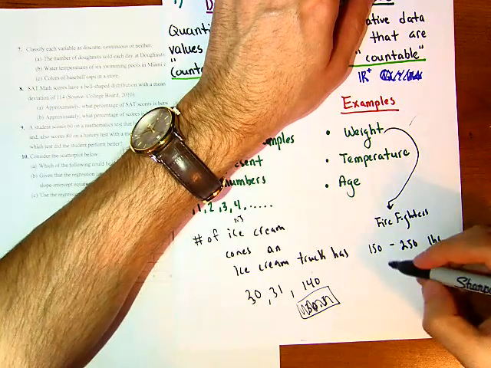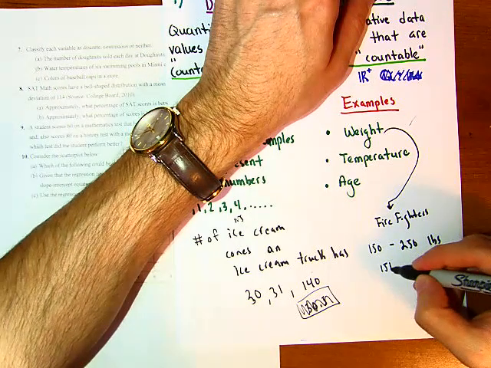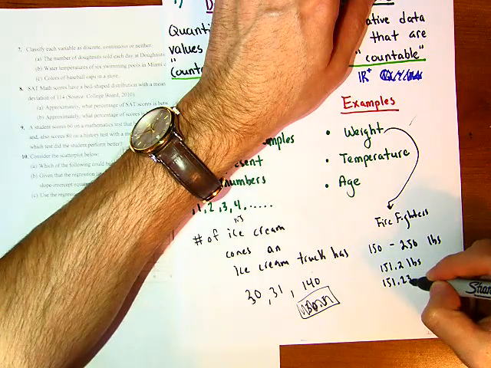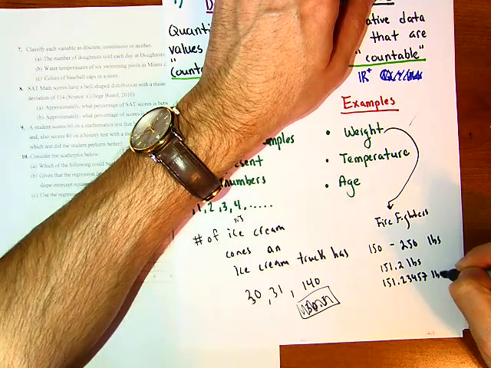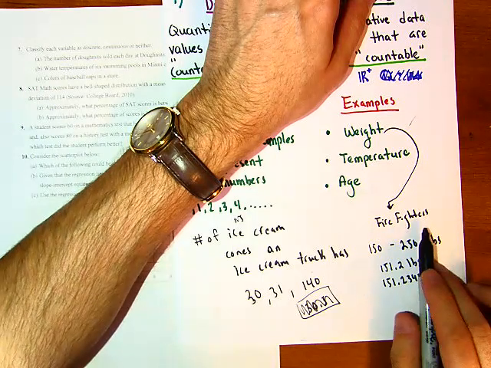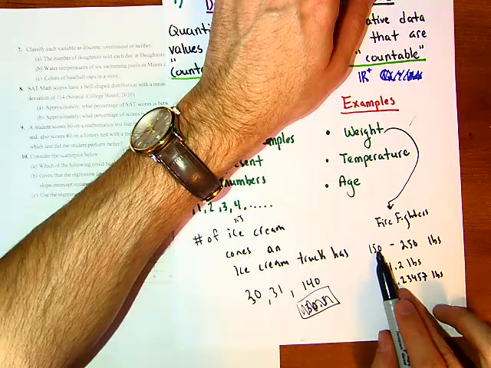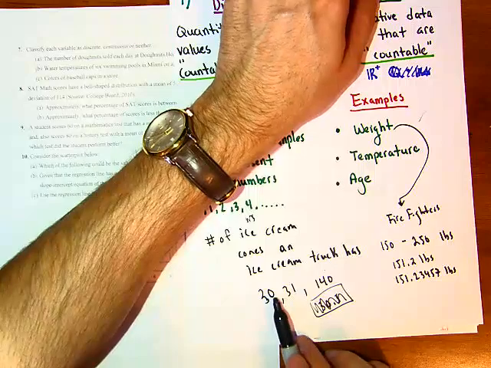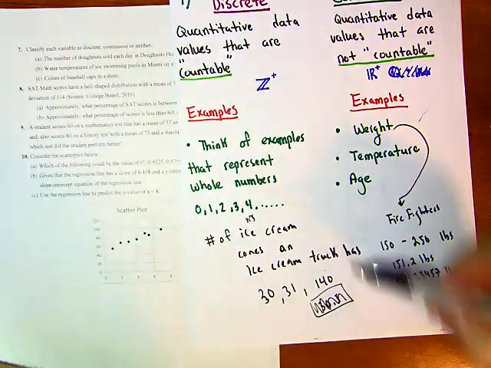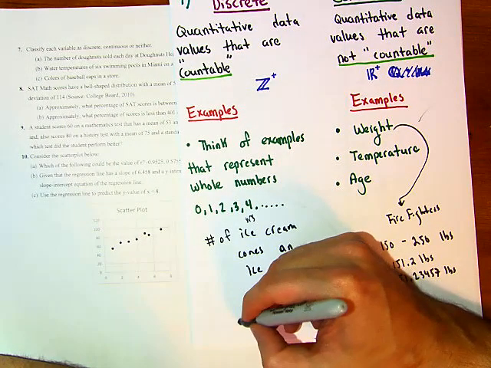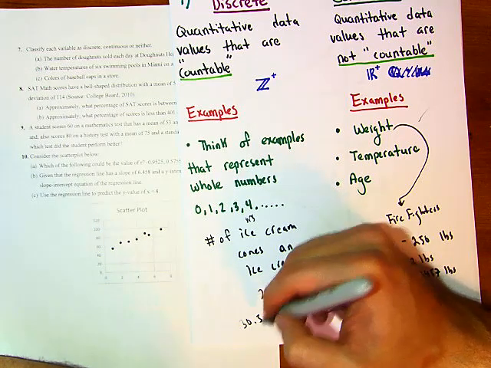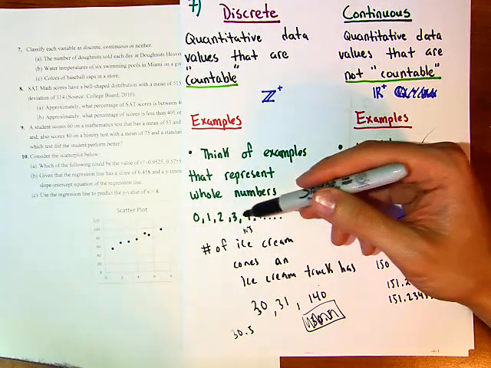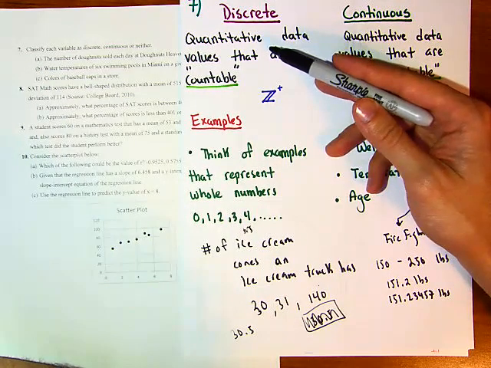But any firefighter could be, let's say, 151.2 pounds or 151.23457 pounds. A firefighter's weight can be anything between 150 and 250. But with ice cream cones, with this idea of discrete, you can't have 30.5. When you're only talking about whole numbers, that's the idea of discrete.